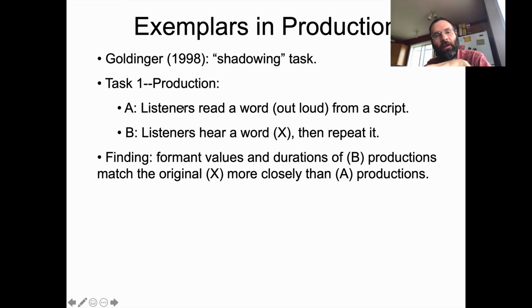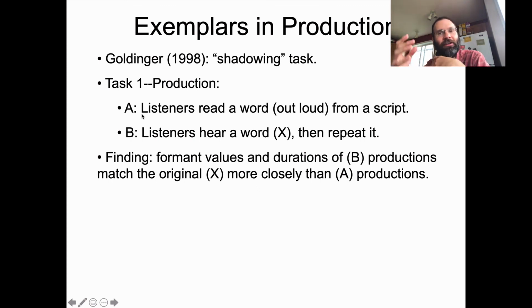When they looked at the acoustic properties of these various productions, A, B, and X, they found that the formant values and durations of, say, vowels and segments in the B productions were more similar to the X productions than the ones produced in the A condition.